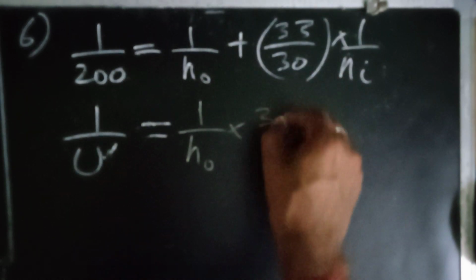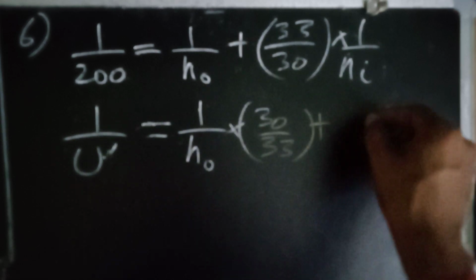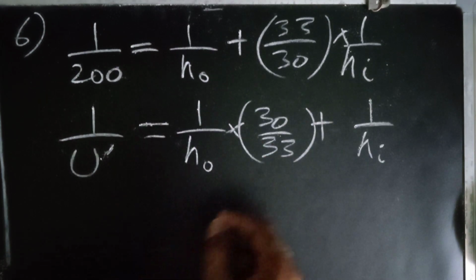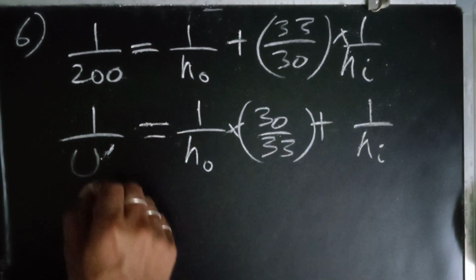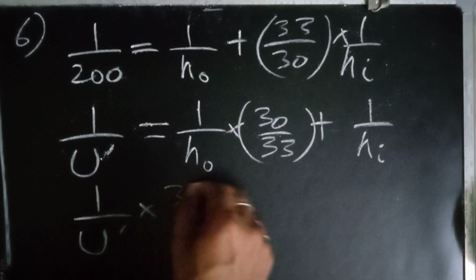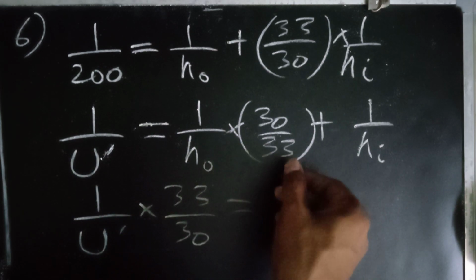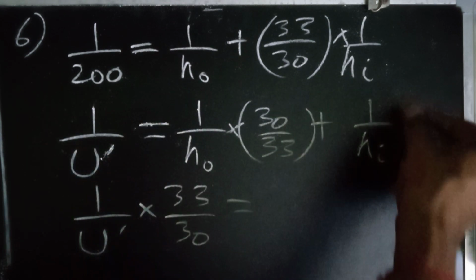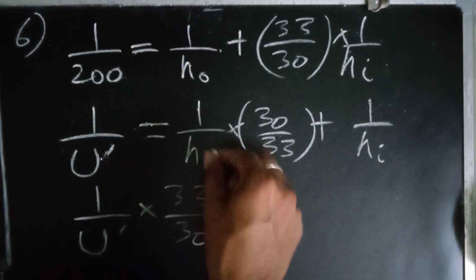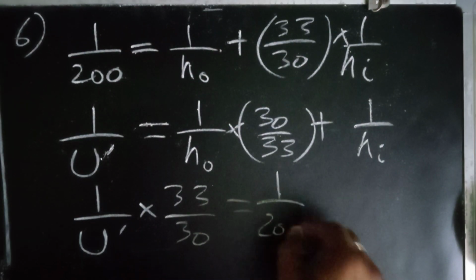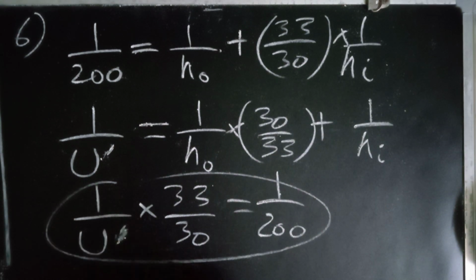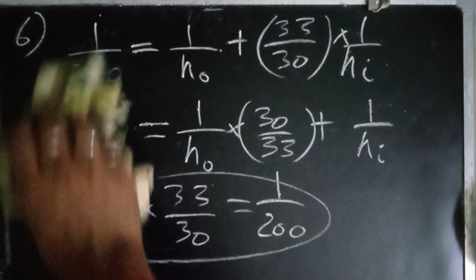So now this comes up here 30 by 33 plus 1 by Hi. Now a very easy way is to just move these over here. So 1 upon U dash into 33 upon 30. If this goes up here, this quantity and this quantity are the same, so it is 1 upon 200. This way you can find out U dash, the overall heat transfer coefficient based on inside area. I hope this was clear.